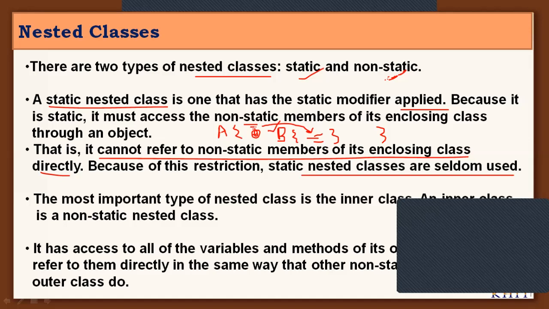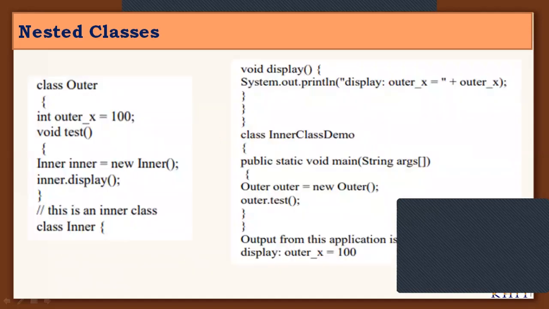In 99% of cases, we don't create any static nested classes. And coming to the most important type of nested class, the inner class. An inner class is a non-static nested class. That is what I'm saying here: a nested class should be non-static always. Static nested classes are seldom used.